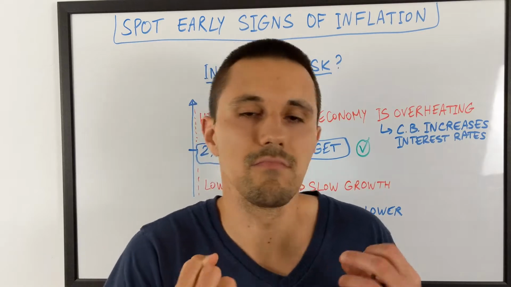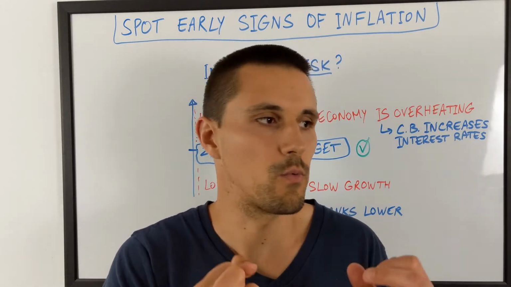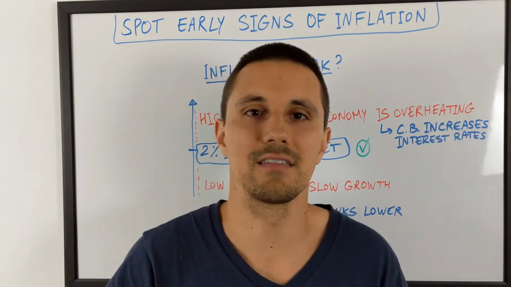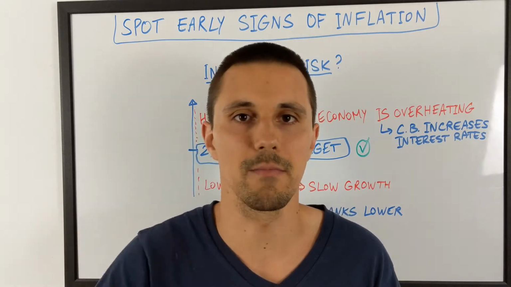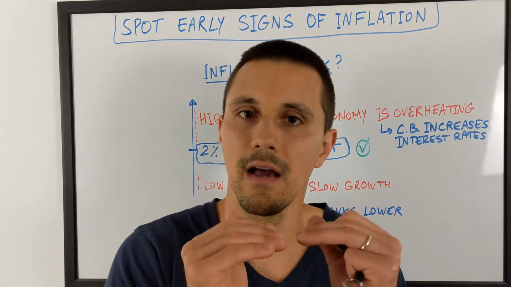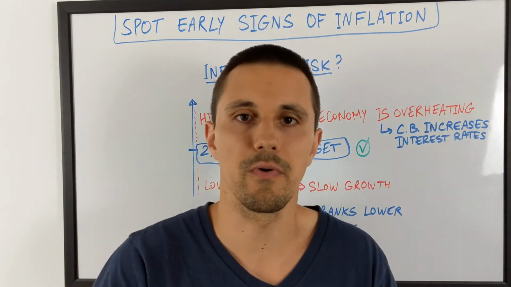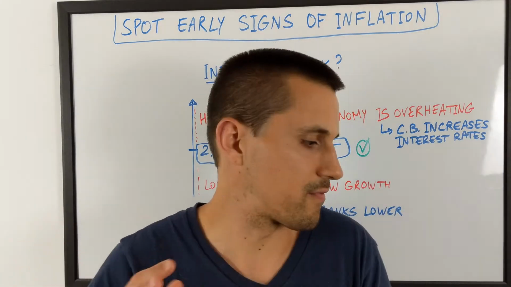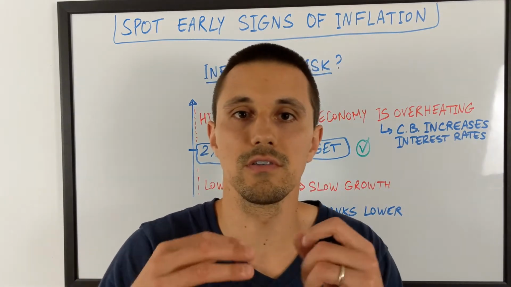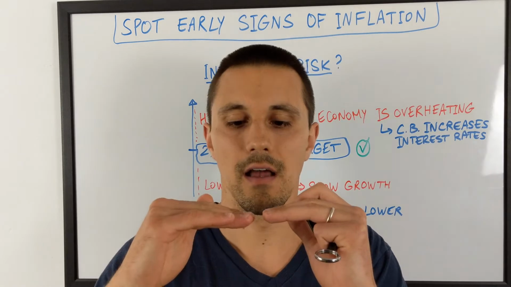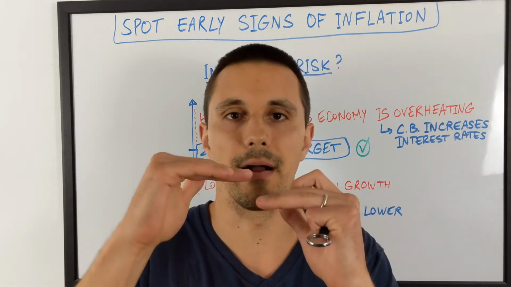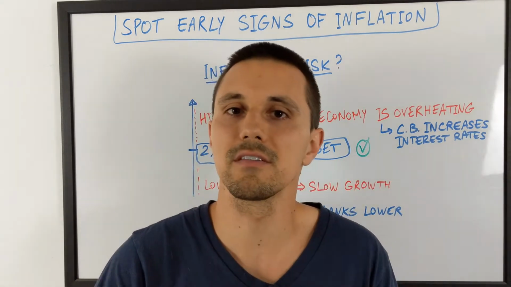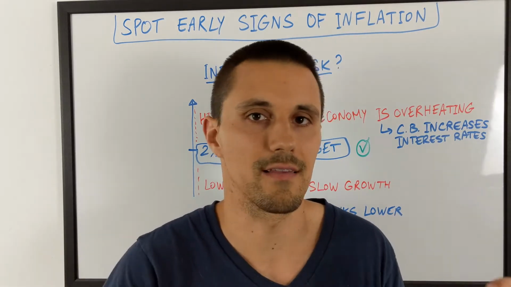So each advanced country wants to have a balanced inflation of around 2% per year. That means that the general prices of houses, of consumer goods, of energy and all these things, on average go up by about 2% a year. This is considered to be the target.